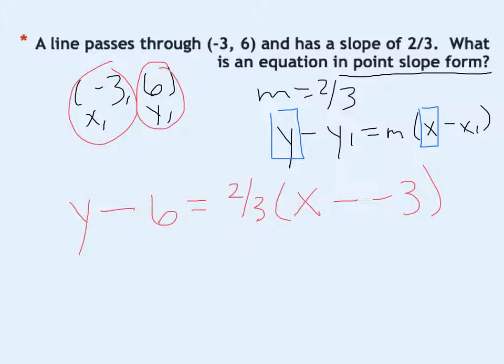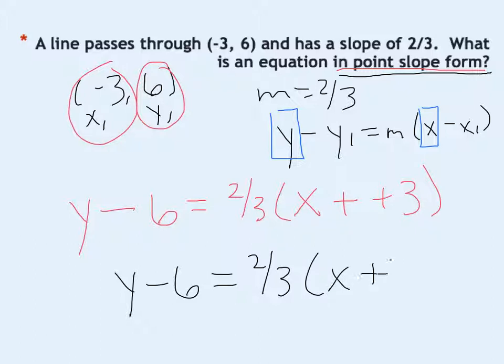You should always simplify when possible. Since it's asking for my answer in point-slope form, the only part I had to simplify is this minus negative, or keep change. So my final answer would be y minus 6 is equal to 2/3, and then in parentheses x plus 3. So when you see a positive, that actually meant a negative point.